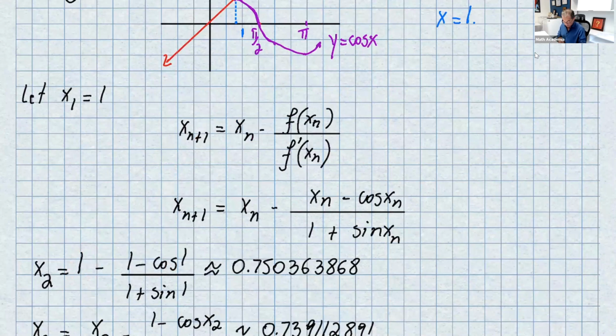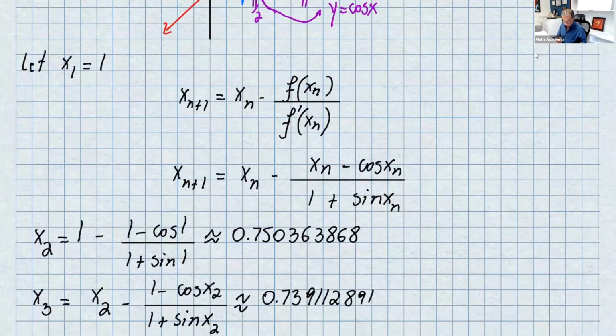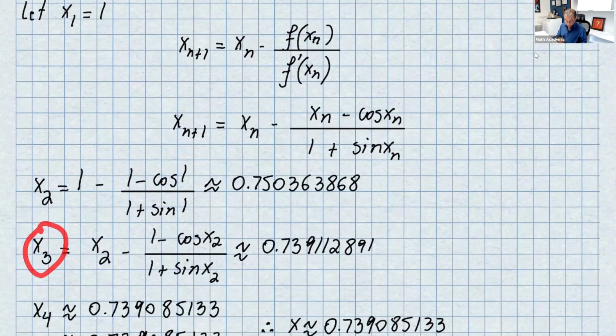Make sure you're in radian mode with your calculator. So substitute, and if you evaluate, you get 0.750363868. Then we can find x3 by substituting x2, and if you do that, you get 0.739 and so on.